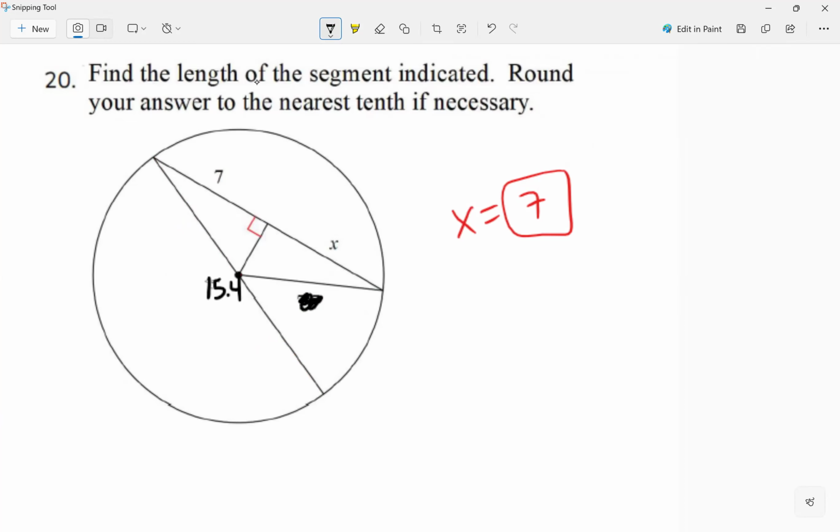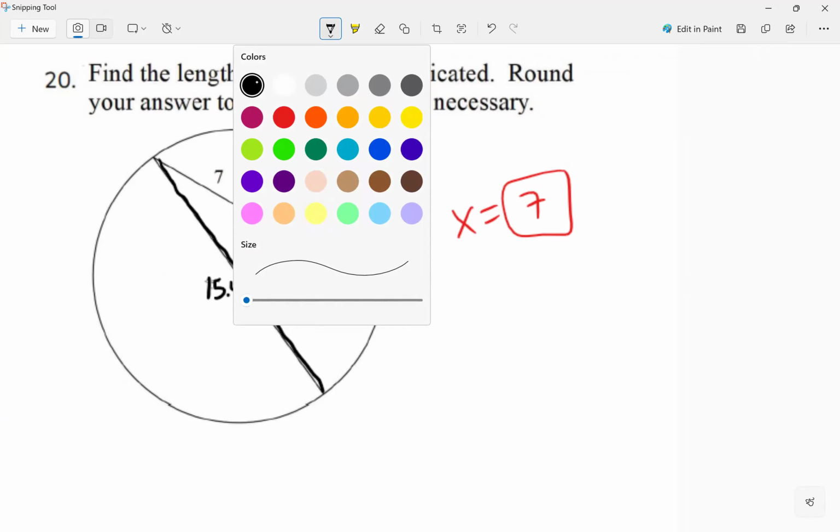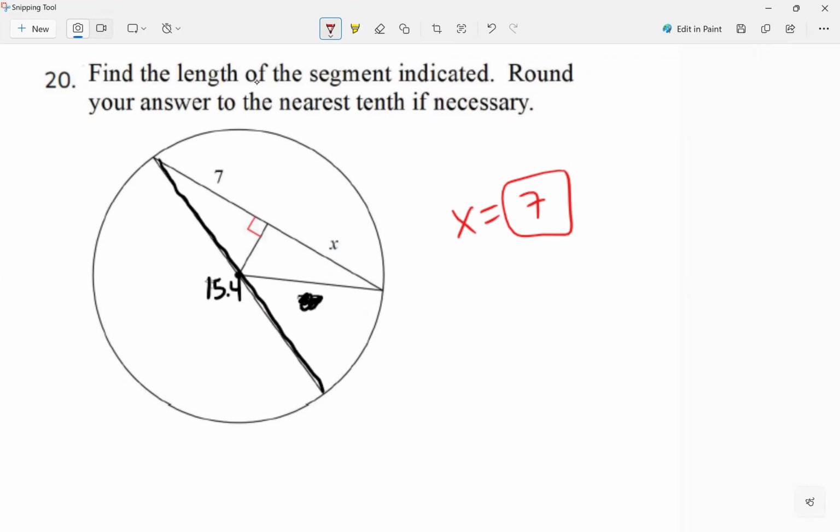I'm giving you the diameter. When I put the measurement in the center and it's next to a diameter, I'm giving you the whole diameter. So for you to know what the radius is, we'll cut it in half. 15.4 divided by 2 is 7.7. So then you find out, oh, each radius is 7.7.